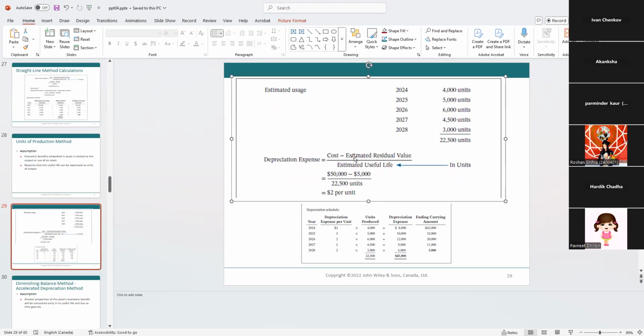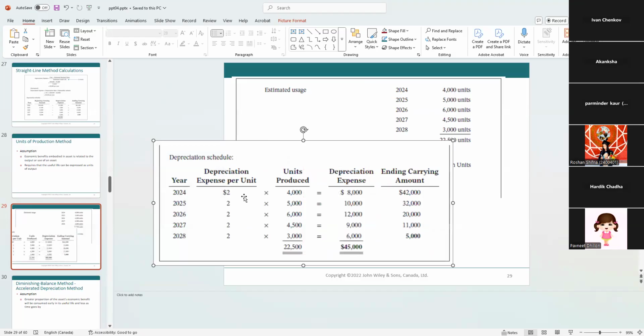Once we get the cost, we deduct the residual value. That gives you the depreciable amount, divided by the total units that you're going to produce over the life of the machine, and you get the depreciation per unit. After that, you just apply it year after year based on the usage.